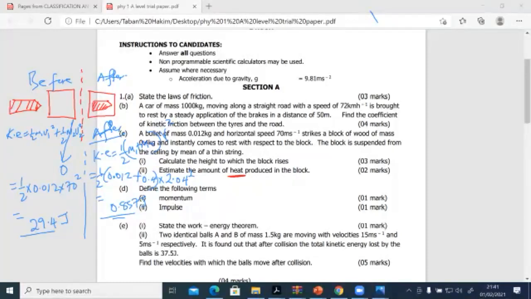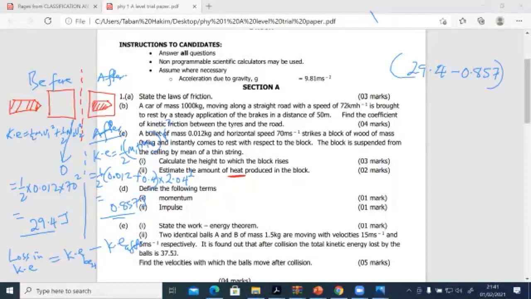So the loss in kinetic energy is equal to the kinetic energy before minus the kinetic energy after collision. So this is the same as 29.4 joules minus 0.857.